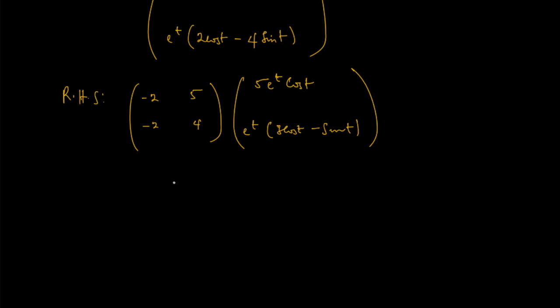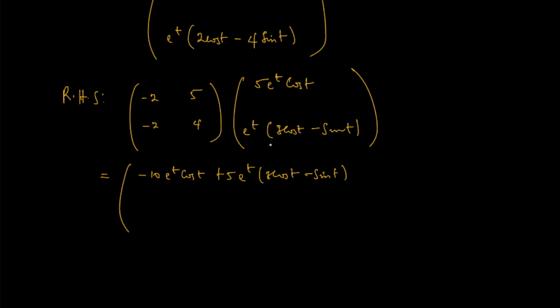So when we multiply this out, we have this times this. That's going to be my -10e^t cos t, plus 5 times this, 5e^t times (3 cos t minus sin t).